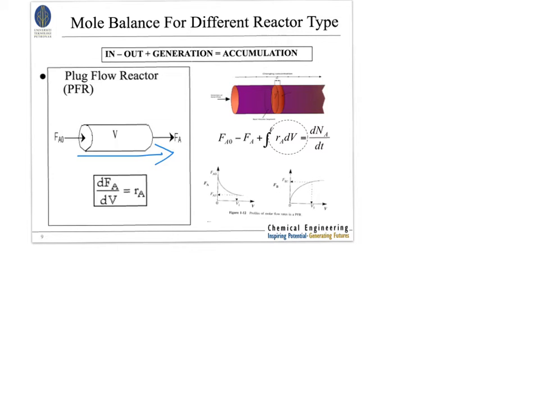To design the equation, the main assumption is that the velocity of the fluid is uniform, meaning that there is no radial variation of the reaction rate. It is only axial variation.